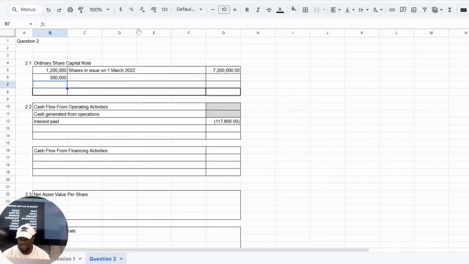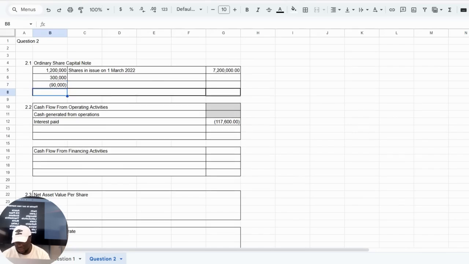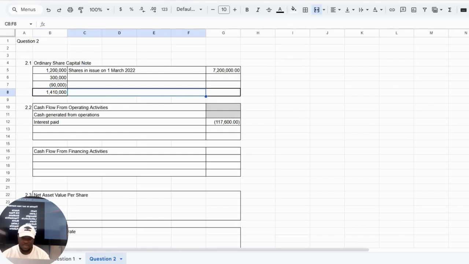But we know how many shares this is, so we say minus 90,000 shares. We can work out at least one side, which is 1,410,000 shares in issue on the 28th of February 2023, the last day of the year.